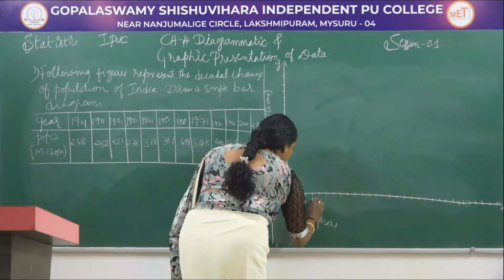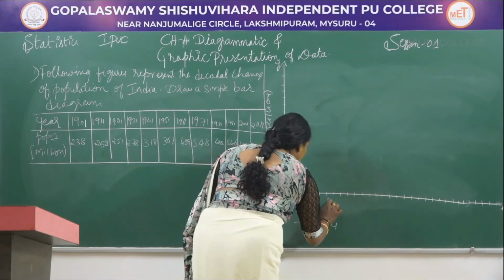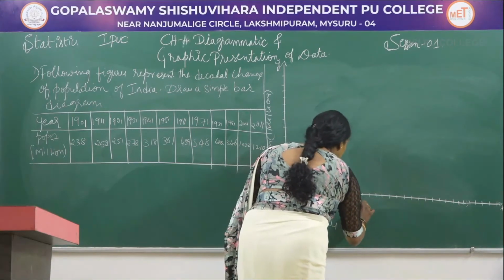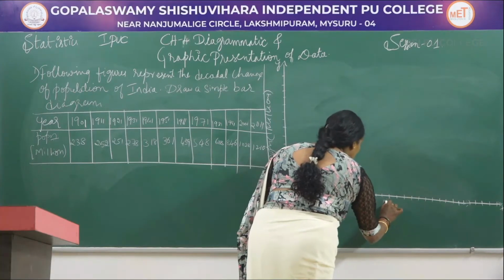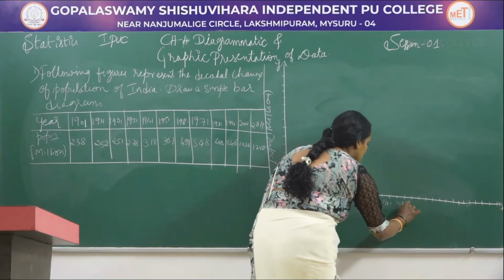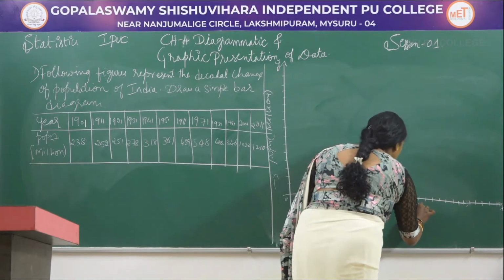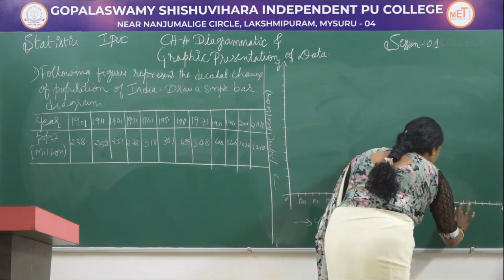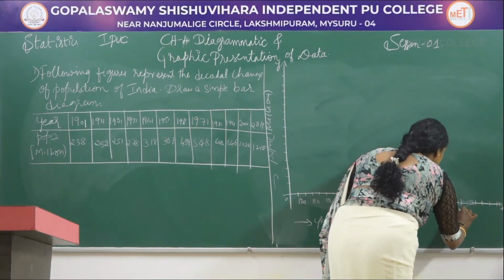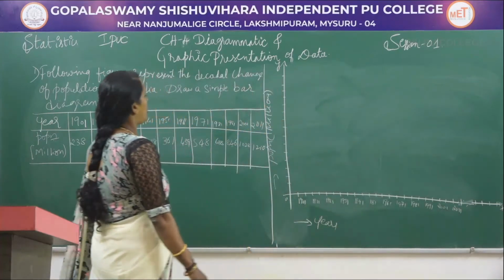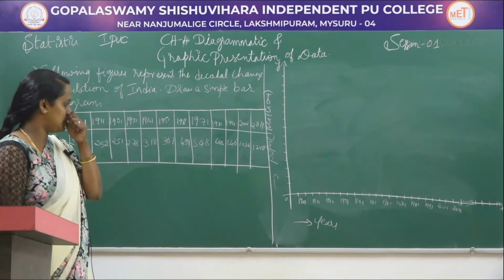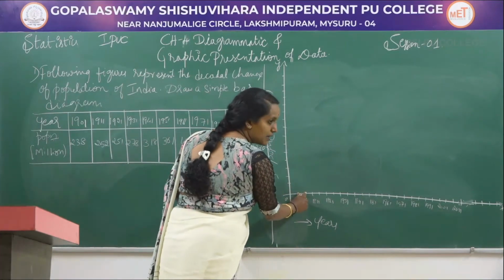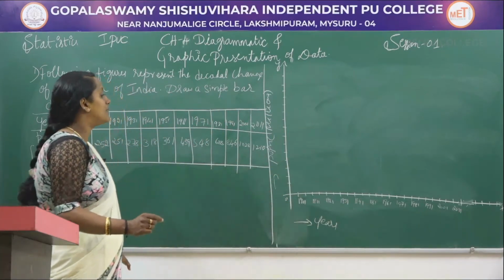Next this part is 1911, next 1921, 1931, 1941, 1951, 1961, 1971, 1981, 1991, 2001, 2011. And because we have to draw bars, a rectangular shape we have to draw.